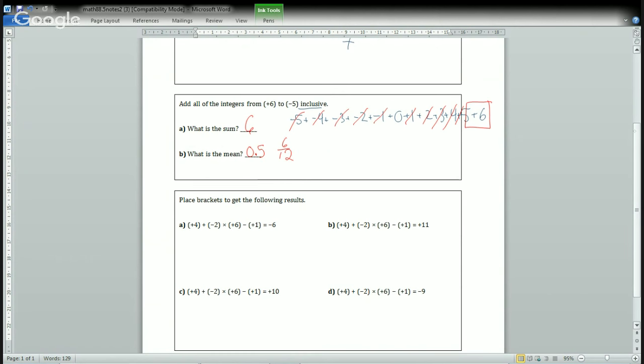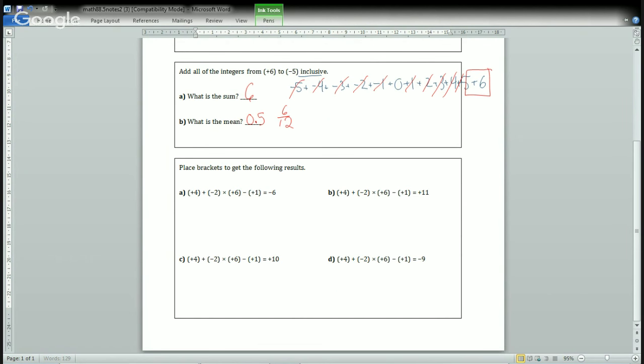All right, last question. This one's kind of like a brain teaser. It's a pretty high-level question, so do your best. But you can notice that A, B, C, and D all look identical, except the answers are different. Your job is to put brackets around the following to get the results that you need.